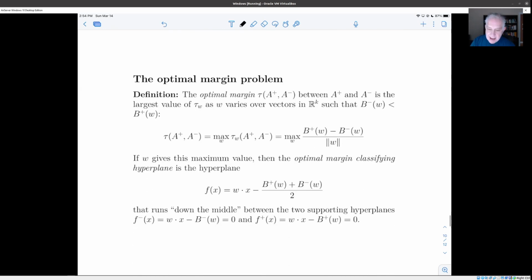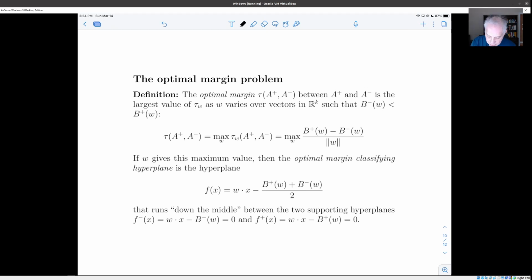And that's called the optimal margin problem. So now what we want to do is not just find these points x plus and x minus, but we want to let W vary. As W varies, we're tilting these lines. We're going to bump up against points in certain places which prevent us from moving any farther.